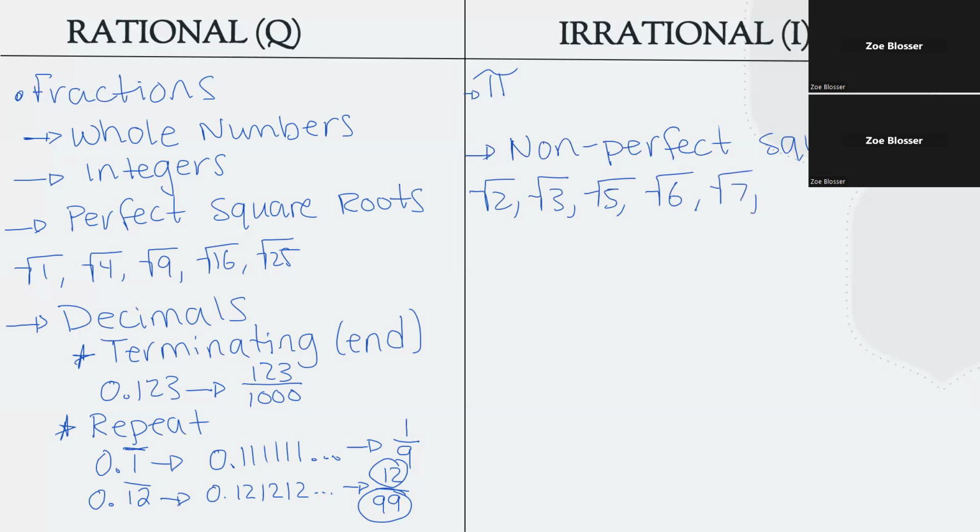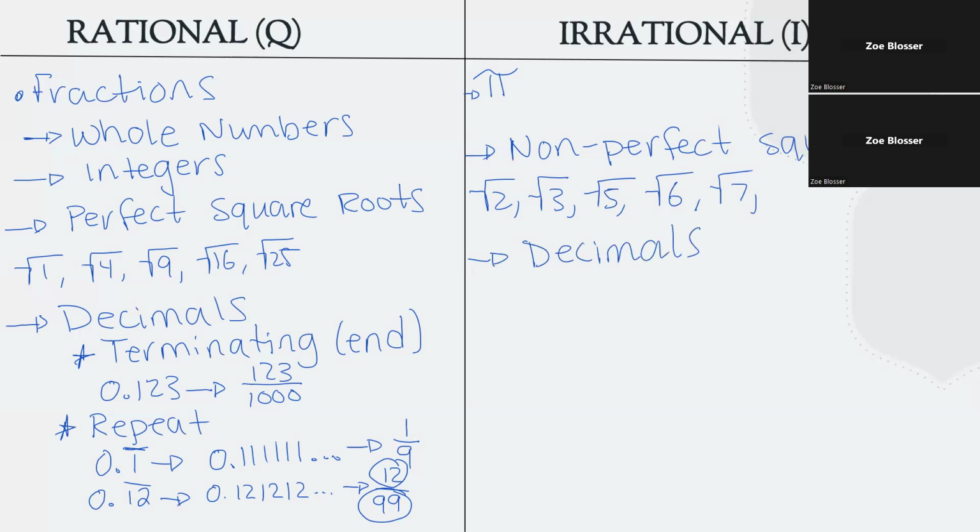Okay, anything that goes between the perfect square roots, any square root that is not a perfect square root is going to be irrational. If you put those in a calculator, you're going to get decimals that go on forever. They don't repeat. They don't have a pattern.